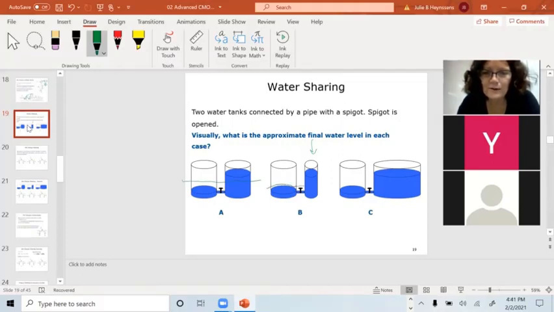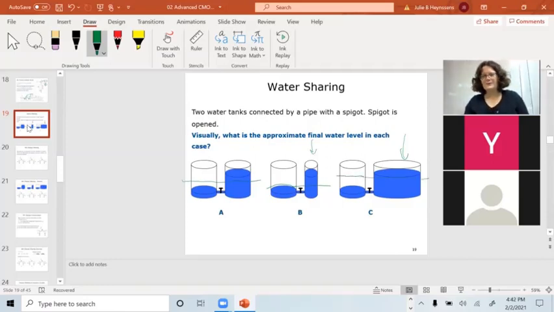Their final value, they're both going to be equal, but the little bucket is going to take a lot more water to fill the big bucket. If I have a big bucket over here and I want to fill the little bucket, it's going to come up closer to the big bucket level, the final value.